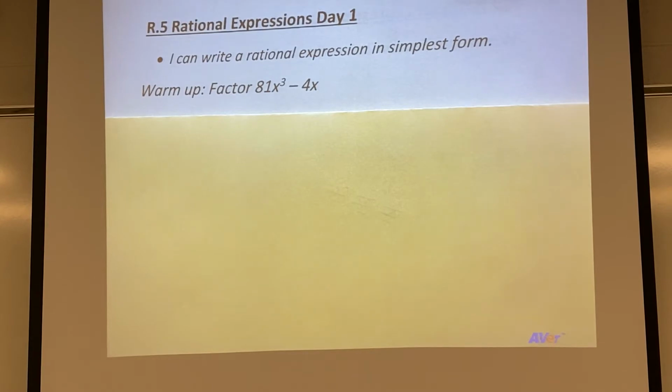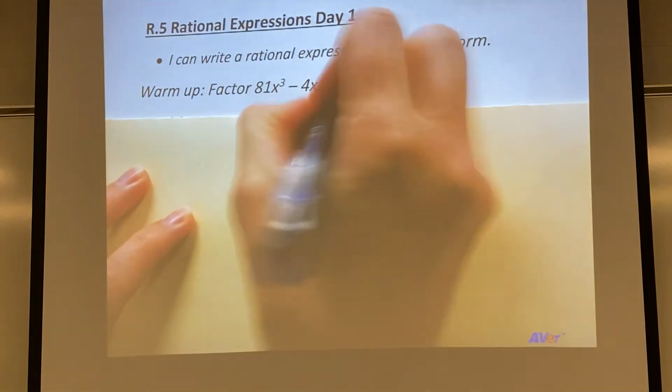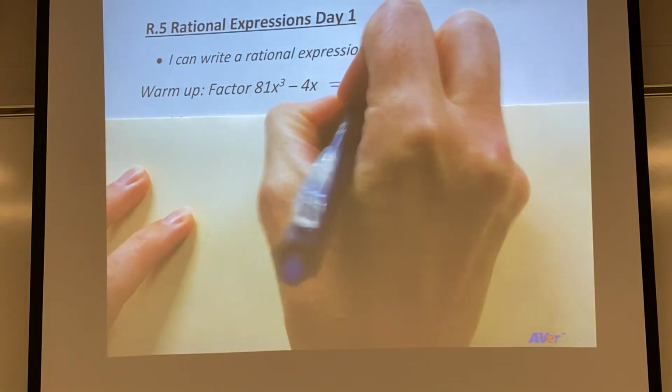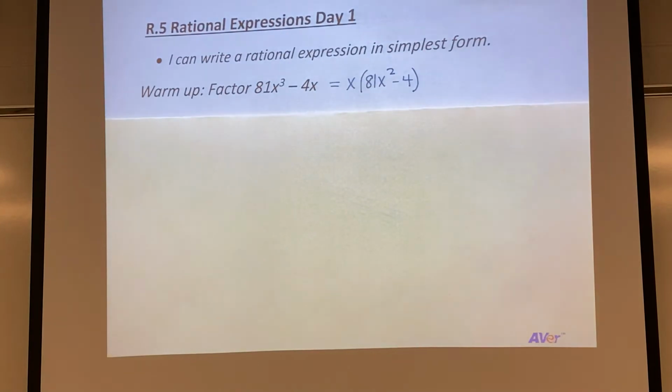We want to look for a GCF first, which this one has. So we want to take the x out, leaving 81x squared minus 4. Now when we look at that, we can see it's a binomial, so we're not going to be doing splitting the middle. We're not going to be doing factoring by grouping, but we can use our difference of squares because 81 is a perfect square, x squared is a perfect square, and so is 4.